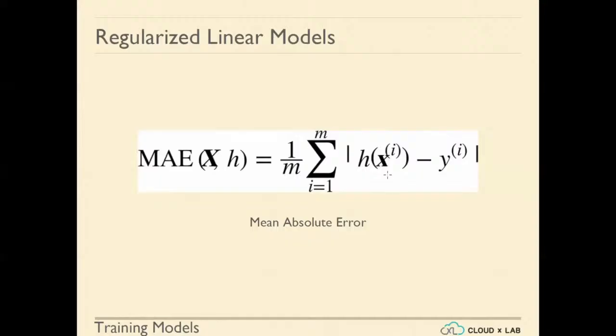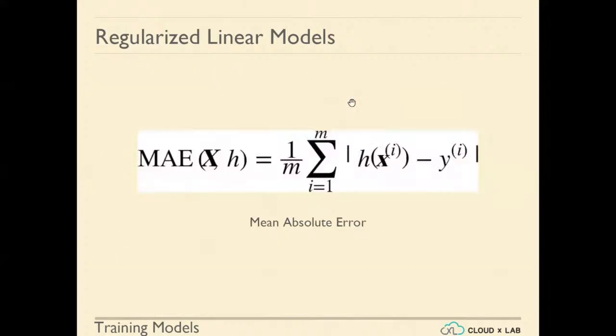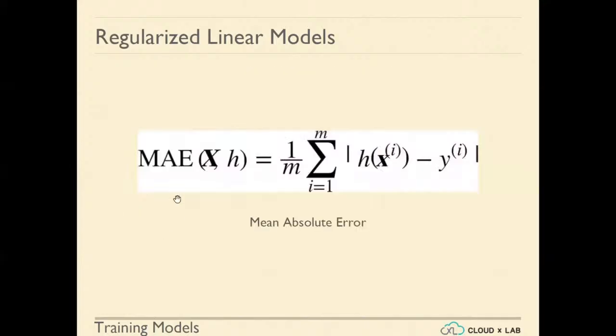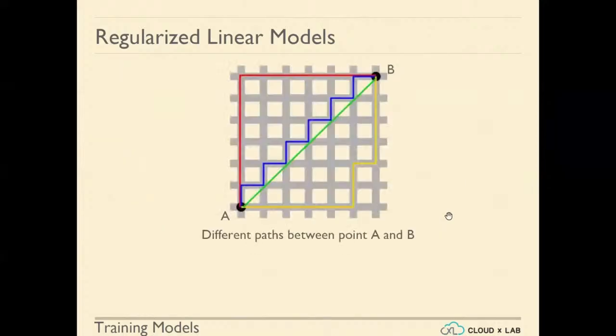In mean squared error we are using the L2 norm, calculating the Euclidean distance. So I am discussing two types of norm: the Manhattan norm, which is the absolute norm, and the Euclidean norm, which is square.